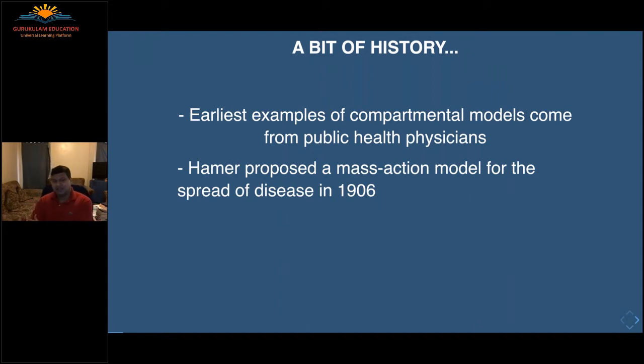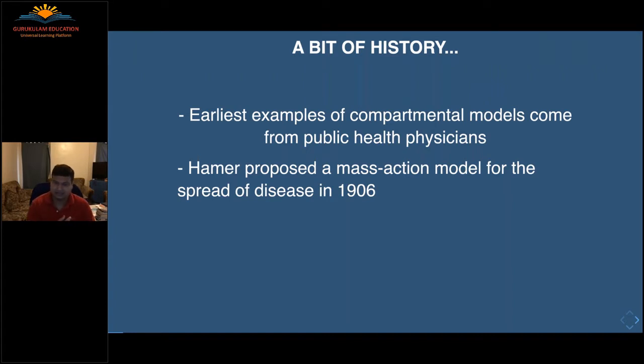And then later, Hamer proposed a mass action model for disease spread as early as 1906. So what are mass action models? Mass action models are inspired by physics, and you might already know physics or physical chemistry as you will. If you have a chamber of gas molecules, and the gas molecules are moving at random, then the probability that a particular molecule will hit any other molecule is the same.